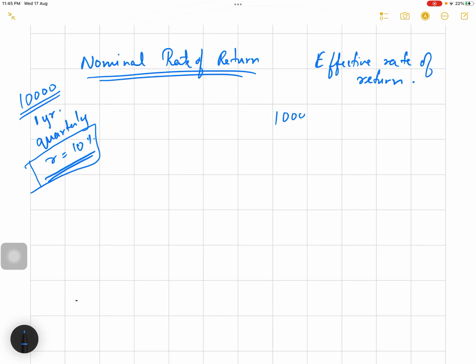I am depositing 10,000, so my P is equal to 10,000. For 1 year, so my N is equal to 1 year. R is equal to 10%, which is 0.10. My interest is compounded quarterly.